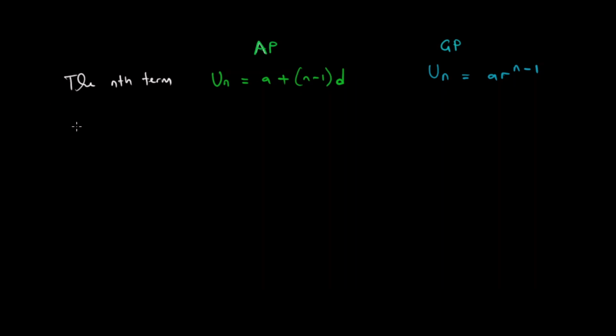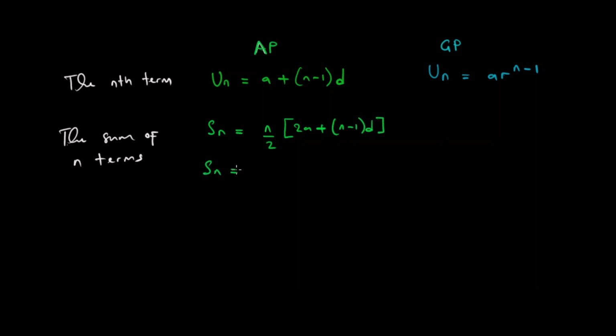Then from the nth term we go to the sum of n terms. For AP there are two formulas. It's either Sn is equal to n over 2 times (2a plus (n minus 1)d), or, more simply, Sn is equal to n over 2 times (a plus L).